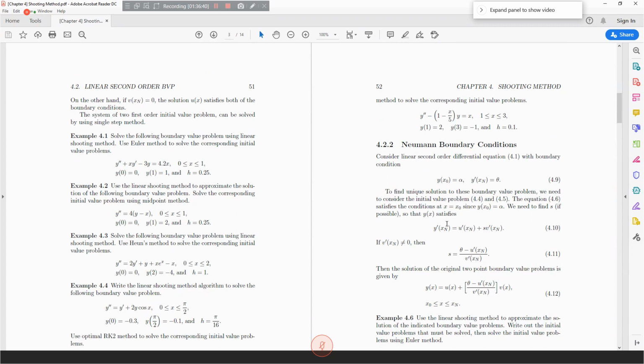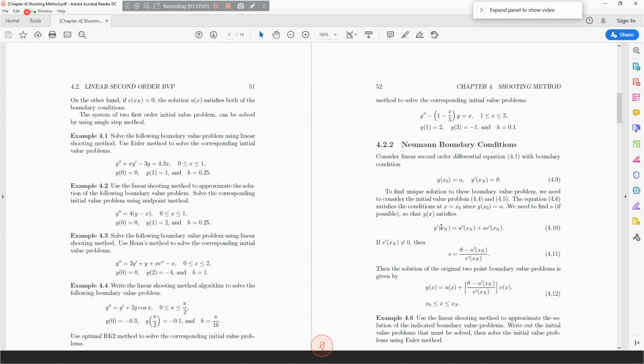Since y prime equals u prime plus s v prime, we want to use the second boundary condition at the particular x, which is x equal to xn. From your derivative just now, you substitute x with xn.